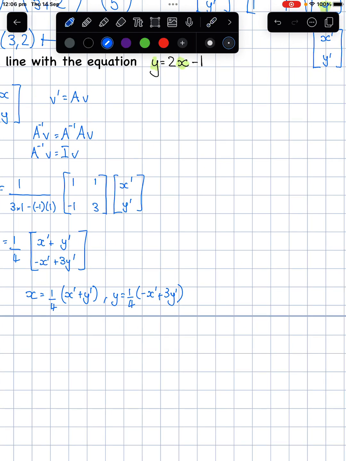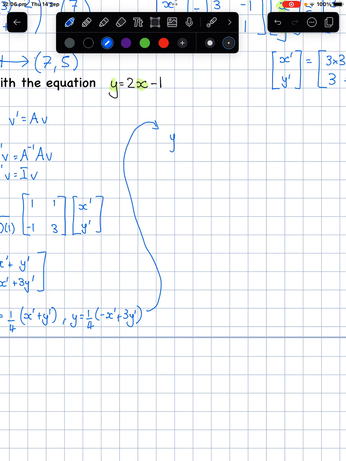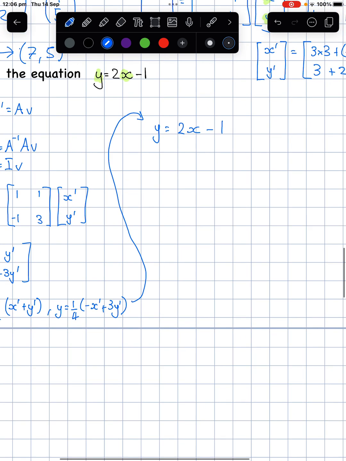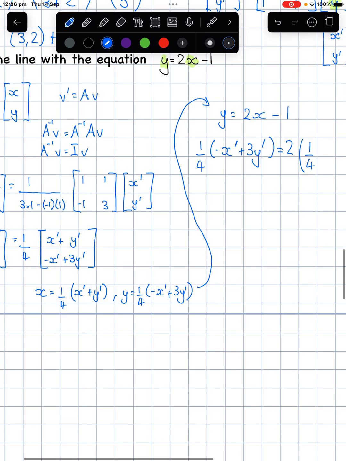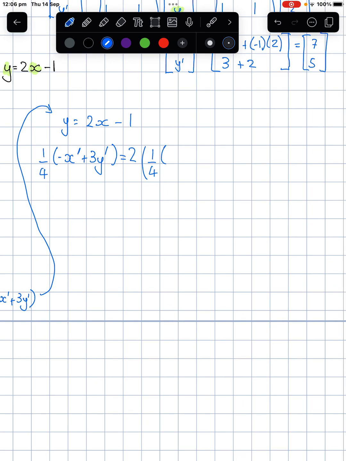So we get this equation. I'm going to just use some arrows here. Y equals 2X take 1. Now we've got a Y value, which is 1 on 4 (-X dash plus 3Y dash), equals 2 times our X value, which is 1 on 4 (X dash plus Y dash), and then minus 1.